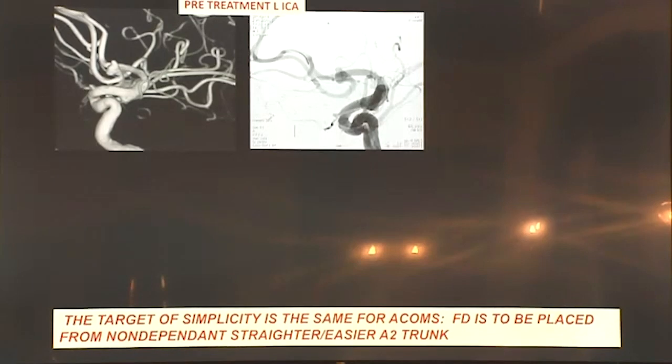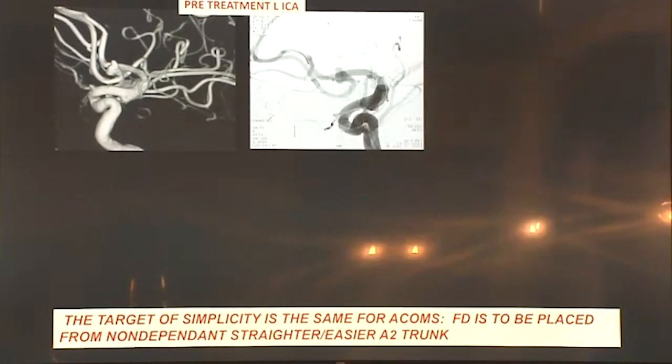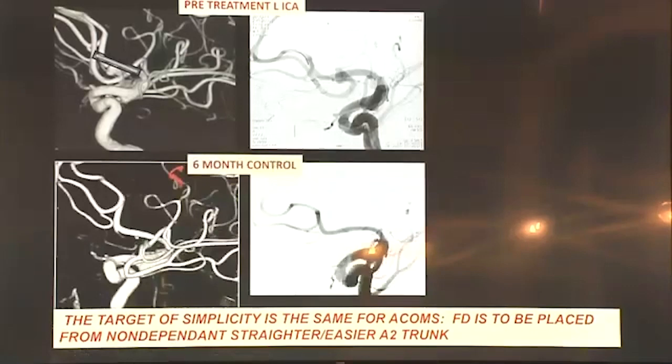So only ACoMs and the A1, A2 junctions. For example, this one is not a straightforward case for other techniques, but very straightforward to place a flow diverter at the neck into the non-dependent, straighter, easier A2 trunk, from A2 to A1.